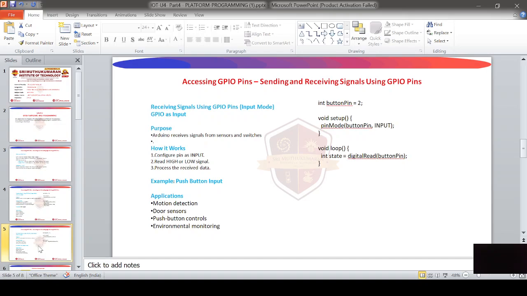How it works: we configure it in the Arduino IDE programming platform. We configure the pin number as INPUT, in capital letters, read either a HIGH or LOW signal, also capital words, and process the received data. An example is a push button input.